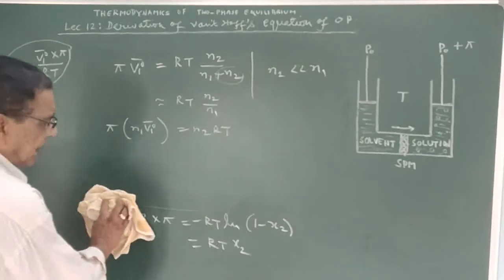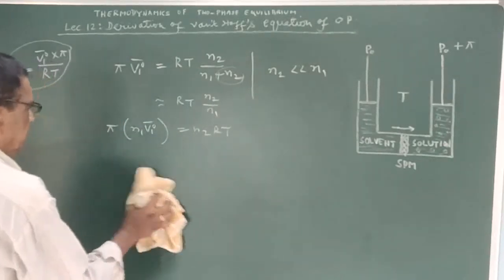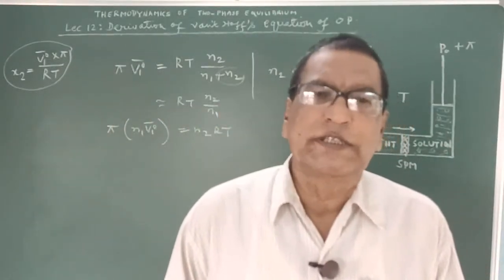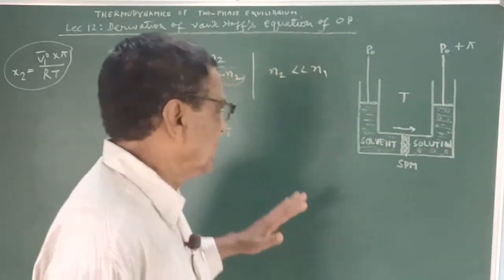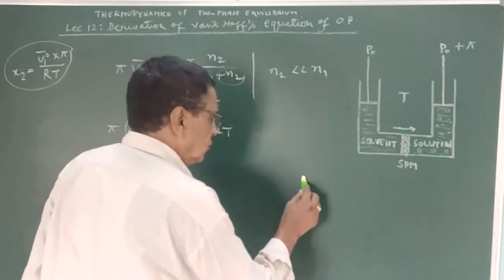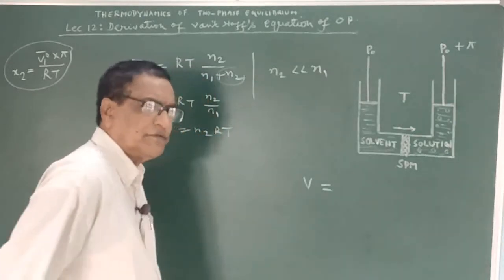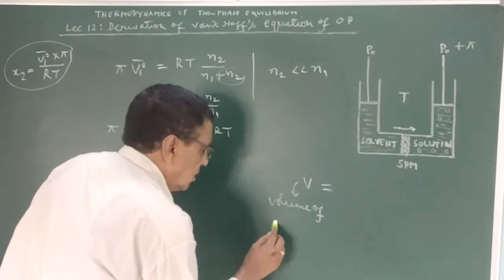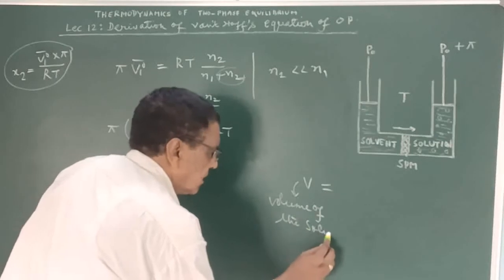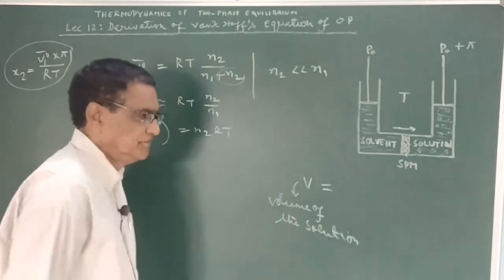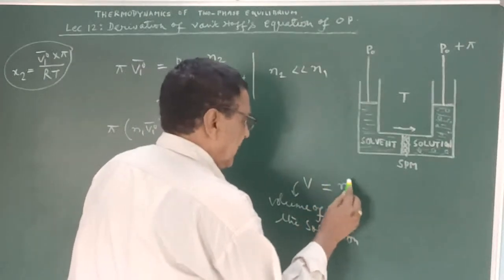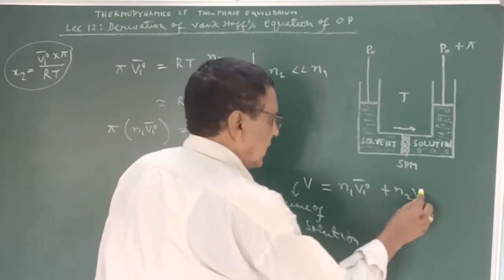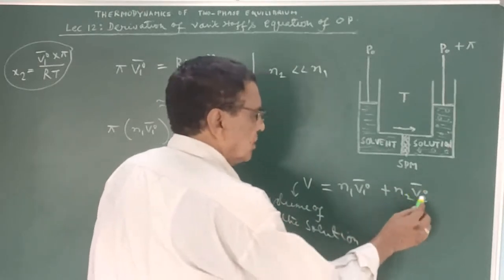For the case of an ideal solution, the volume follows the additivity rule. So if we apply this additivity rule, then the volume of the solution, which is ideal, will be N1 V1 naught bar, the volume of the solvent, plus N2 V2 naught bar, the volume of the solute.